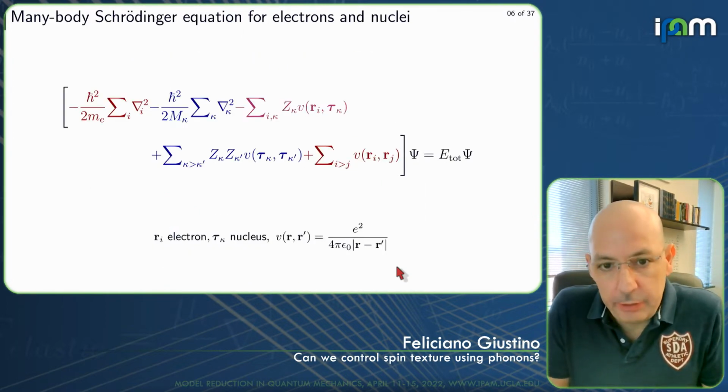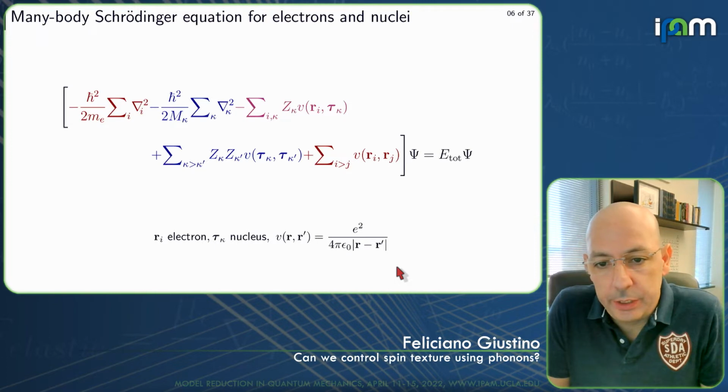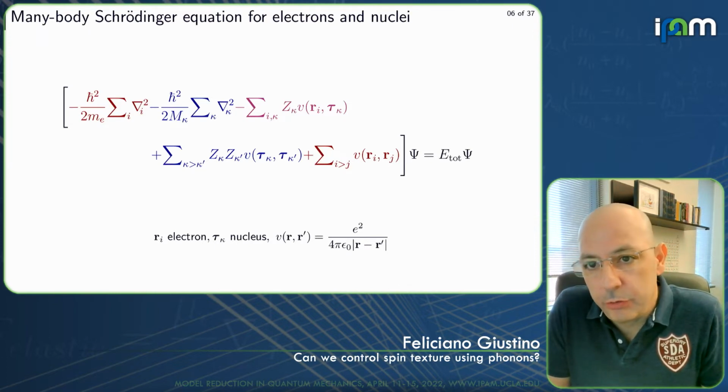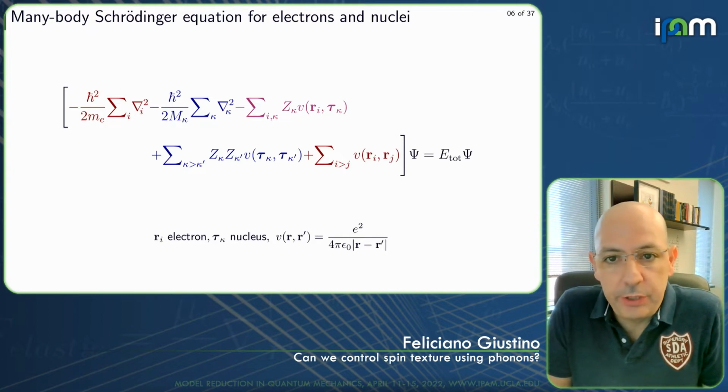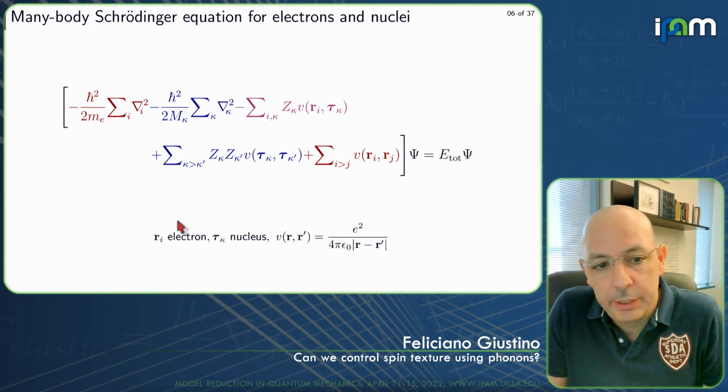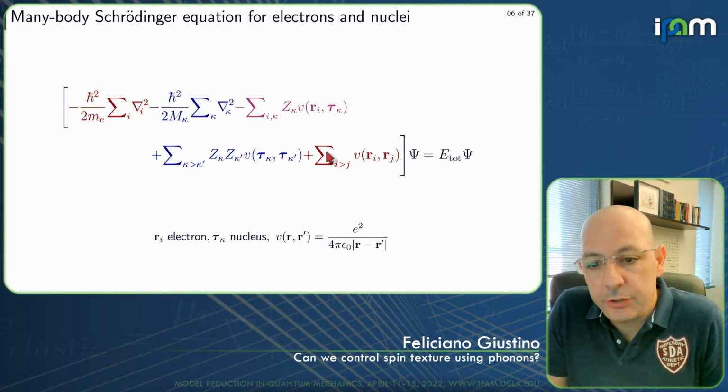So let me now tell you a little bit about the techniques that one uses to study this kind of phenomena. I want to start from the most general approach that you would see from a community doing electron-phonon physics. What you are looking at in this slide is essentially the many-body Schrödinger equation for a system of interacting electrons and nuclei.